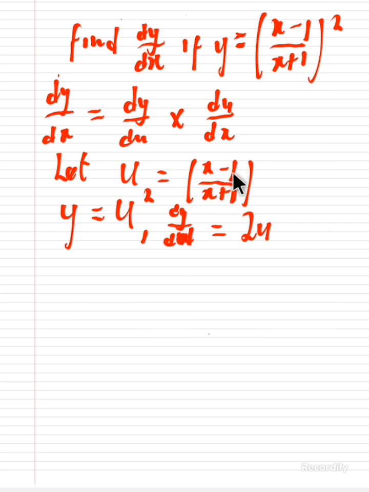That's fine. Now I'm going to look for my du/dx, and for me to look for du/dx, this function is now in form of a fraction, and that means I'm going to make use of the quotient rule.